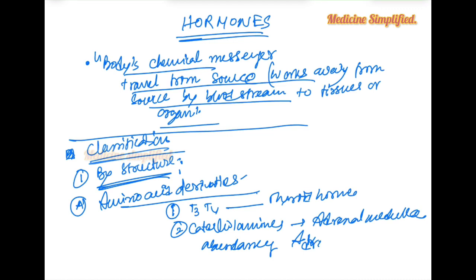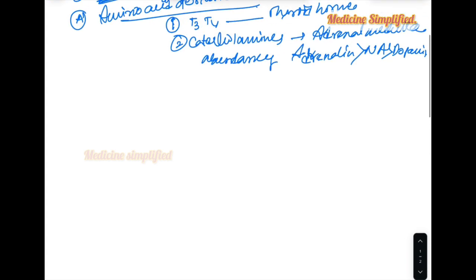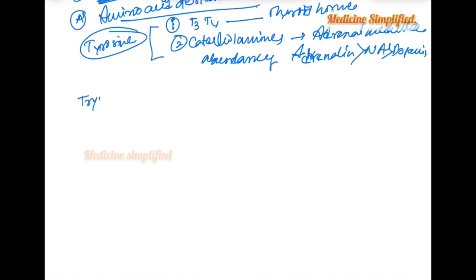In the adrenal medulla, catecholamines are abundant: adrenaline, then norepinephrine, and then dopamine. T3 and T4 are thyroid hormones. So these hormones are derived from tyrosine.